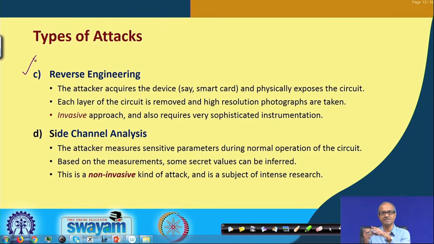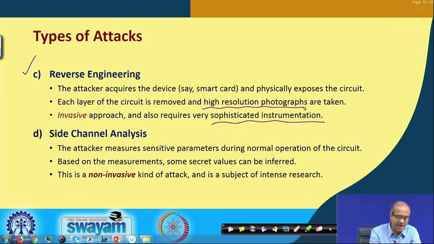This is called reverse engineering, and of course, removing the layers one by one and taking photographs and getting information is an extremely sophisticated process, and you need very sophisticated instrumentation for this reason, and you need very high resolution photography. Okay. Of course, reverse engineering is obviously invasive, because you are destroying everything, okay, layer by layer.